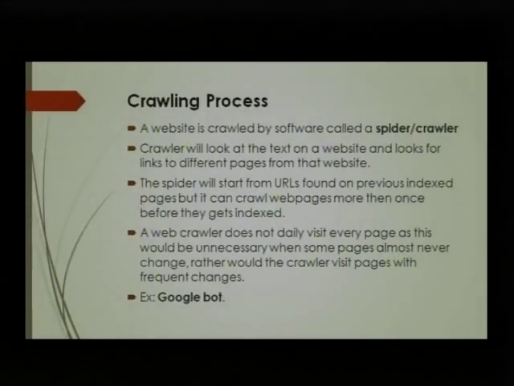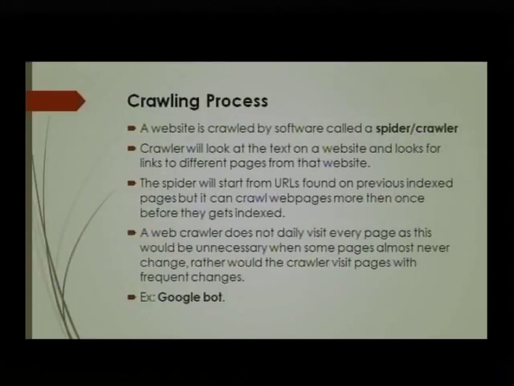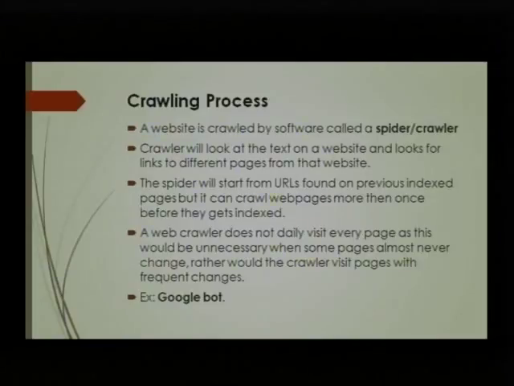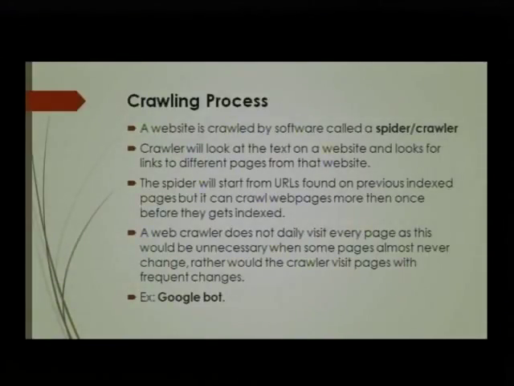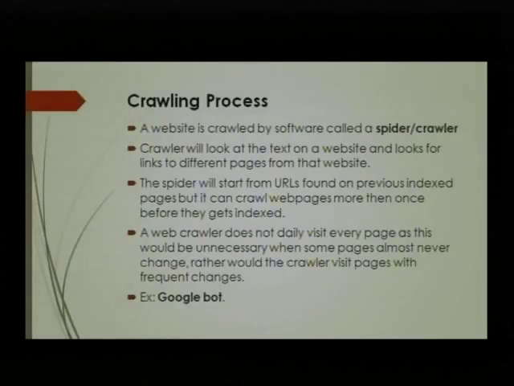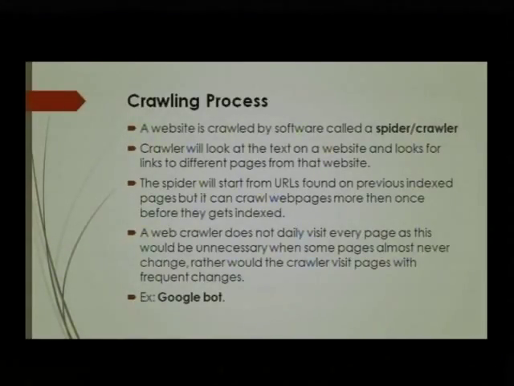A web crawler does not visit every page daily, as it would be unnecessary when some pages almost never change. Rather, the crawler would visit the pages with frequent changes. An example is Googlebot.